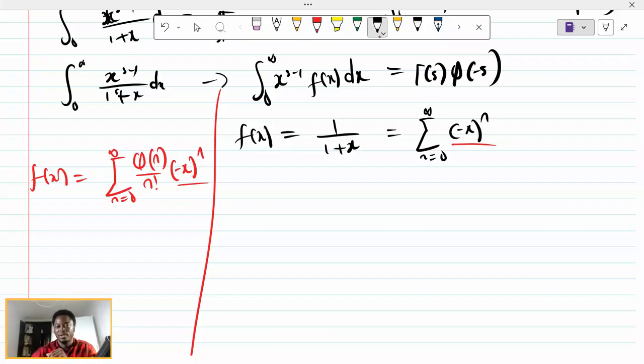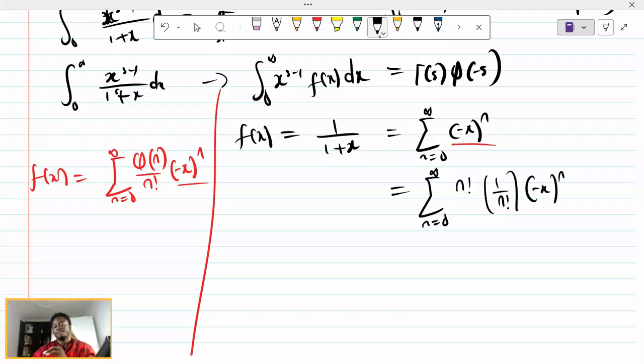We can come here and say, okay, this is equal to the sum as n runs from 0 to infinity of n factorial, then we'll have a 1 over n factorial, negative x to the n. Then this n factorial form will not be too useful for us. We're going to put it in terms of gamma.